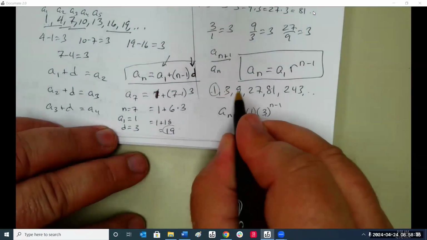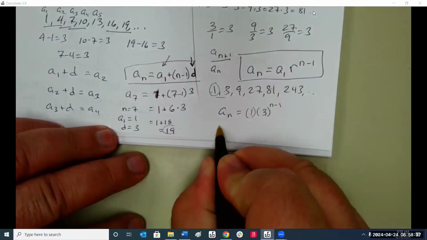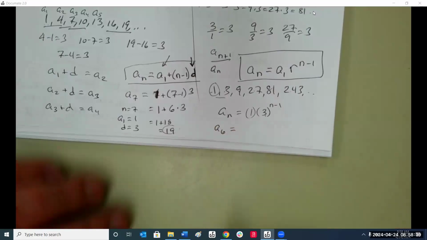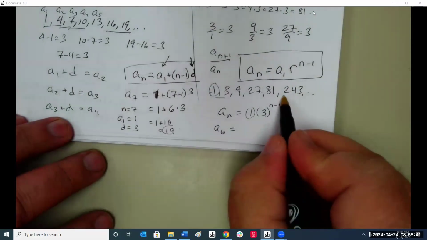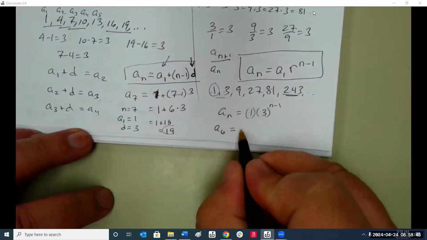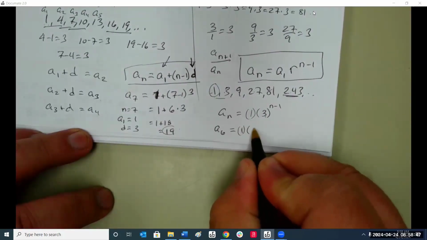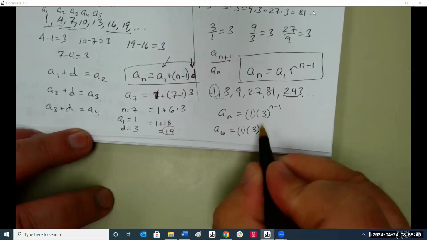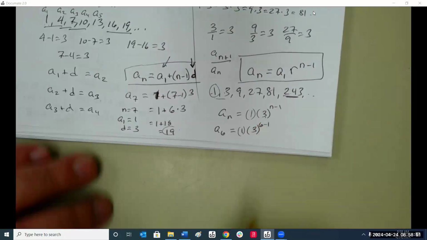So 1, 2, 3, 4, 5. Let's see, A sub 6. I want to see if we get this number. So the leading term is 1. The common ratio is 3. 6 minus 1.